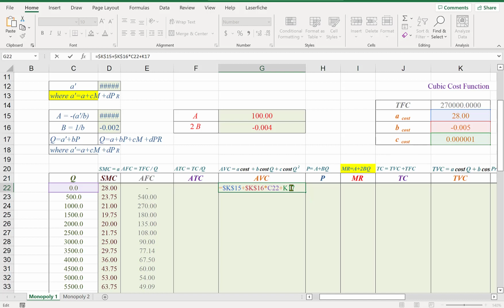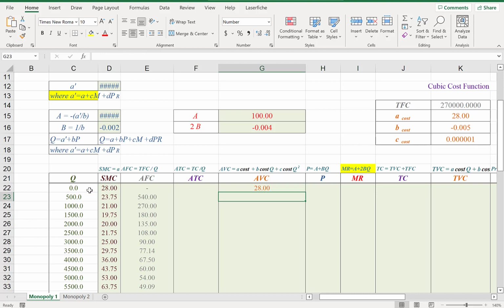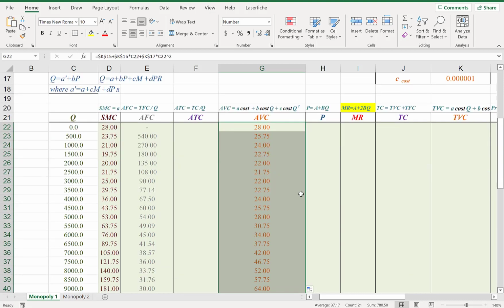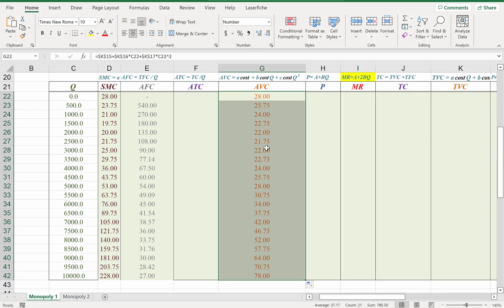Just fix this C cost parameter with dollar signs, times quantity raised to the power 2. Don't forget that. So average variable cost is 28. Then look at that, it goes all the way down to 21.75, then it climbs back up.